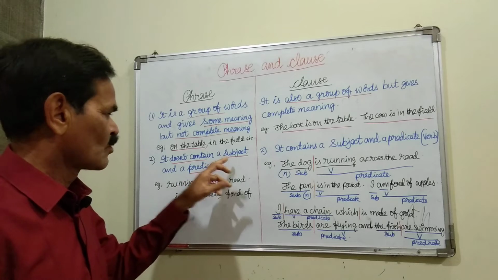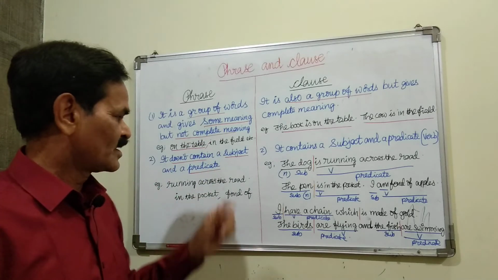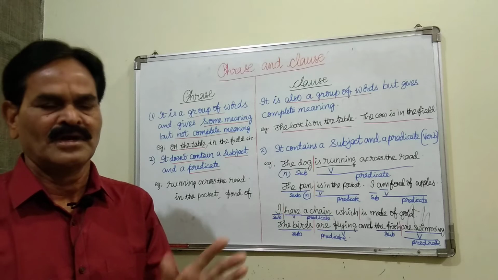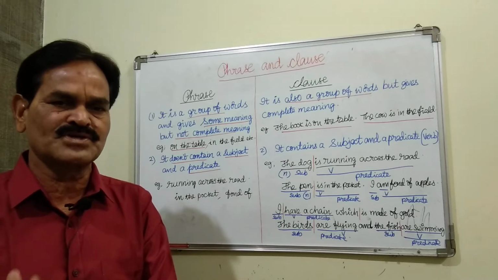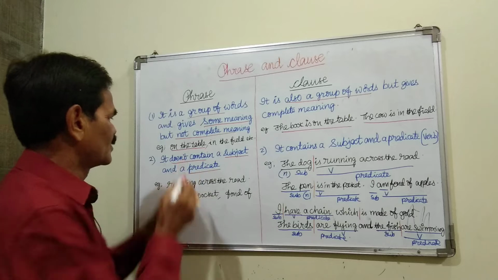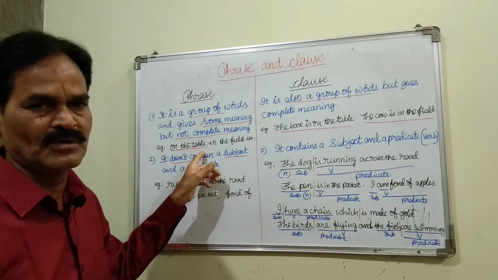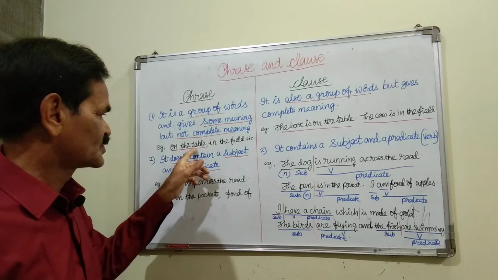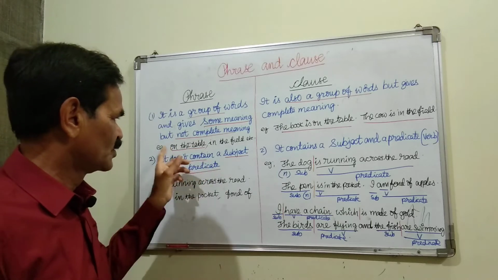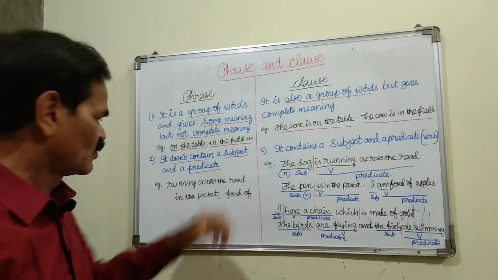Subject means a noun or pronoun that generally comes before the verb, whereas the predicate means the verb and other words. Here, in on the table, there is no verb. On is a preposition, the an article, table a noun. There is no verb and no subject. In the field, there is no verb, there is no subject.